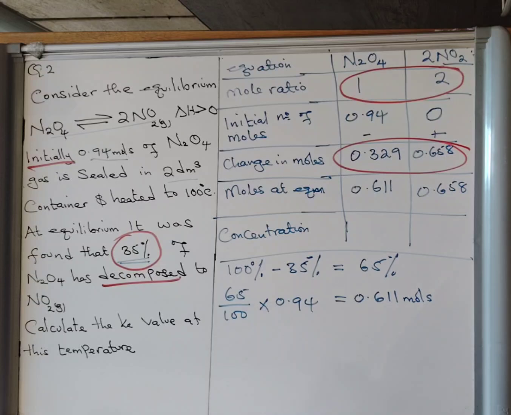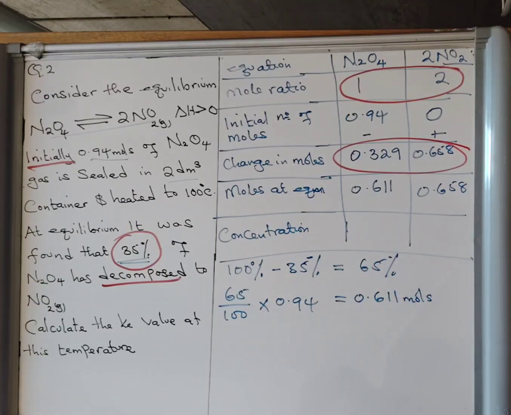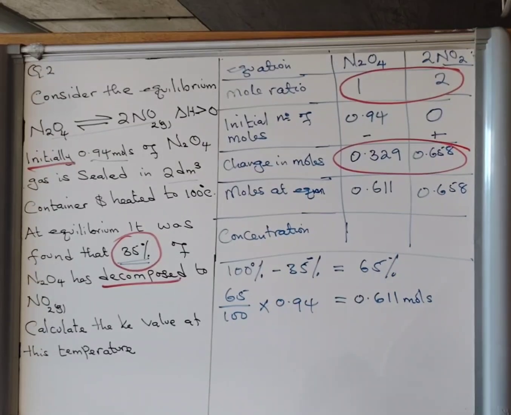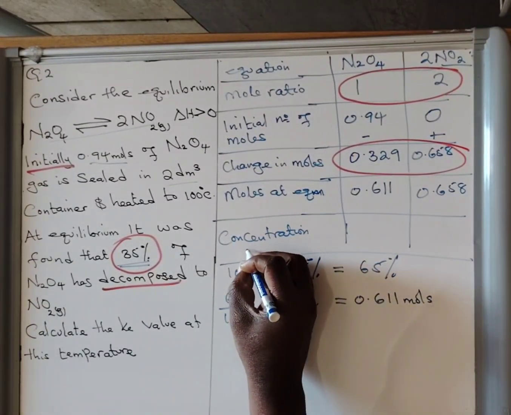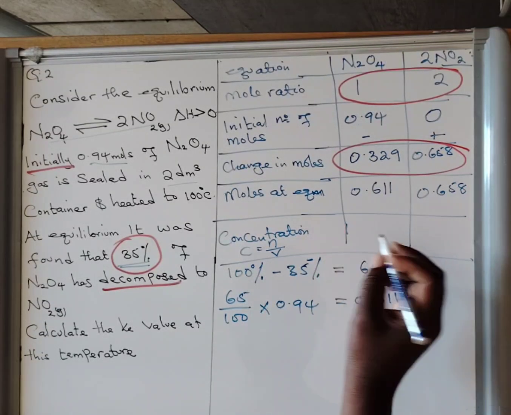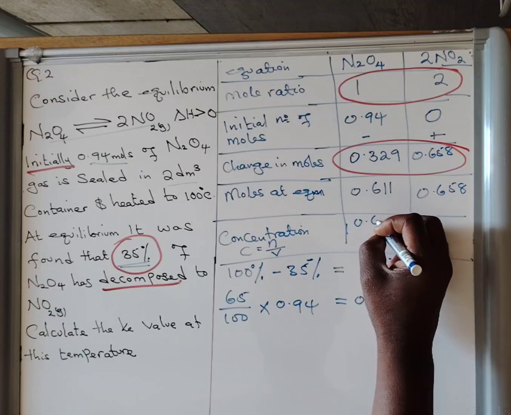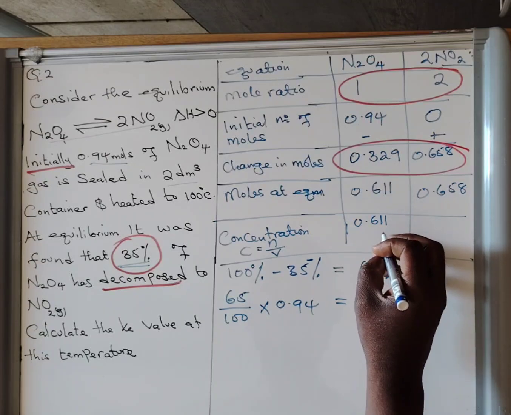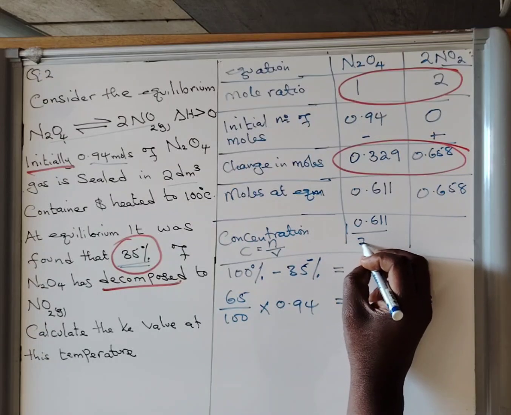Okay, then what comes next is to get the concentrations by dividing with the volume. We must not forget that concentration C is equal to n over V. So what are you going to have here? 0.611 divided by the volume, and the volume is 2.